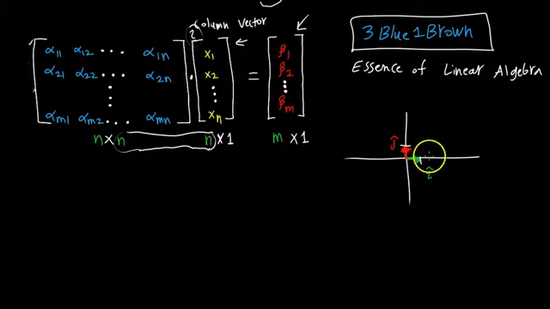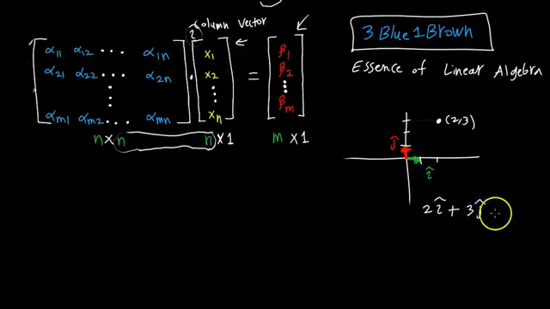So for example, if I want to represent the point 2, 3 here, what I would do is say, okay, let's multiply i hat by 2 and add it to 3 j hat, and that's going to be my new point, whatever I want to call it, beta.